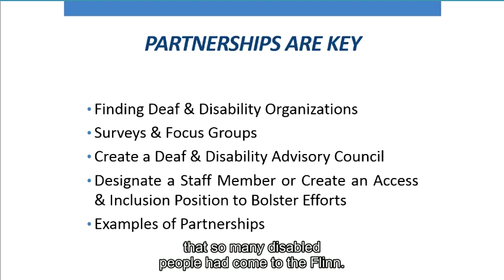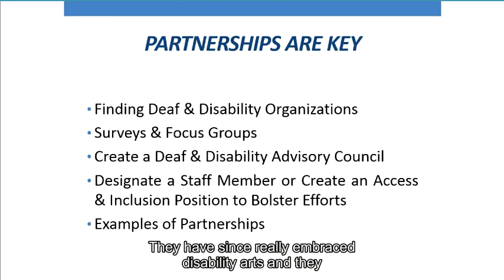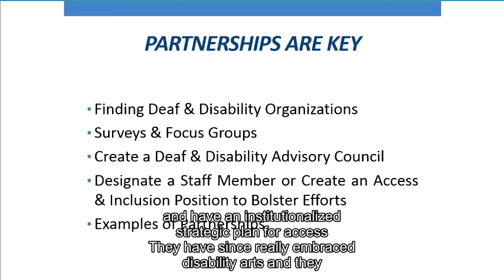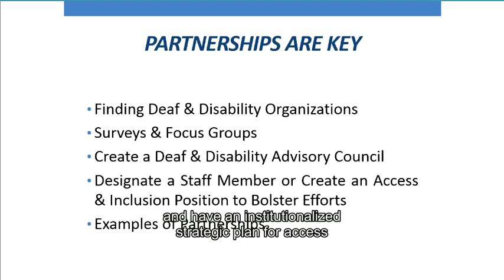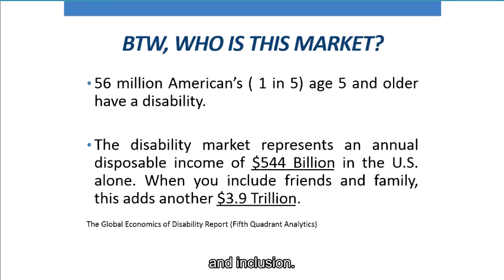They have since really embraced disability arts, and they include it as a regular part of their programming every year, and they have an institutionalized strategic plan for access and inclusion. And you might wonder, who is the market actually?